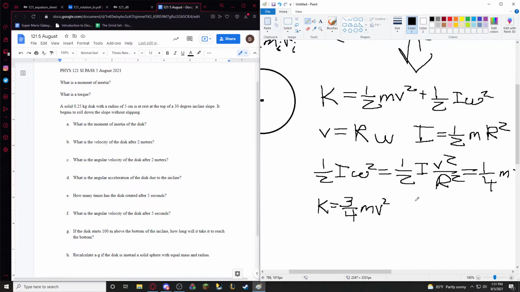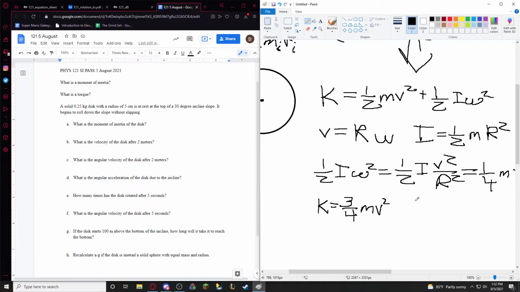So how can we use this knowledge to find the velocity of the disk after it's rolled 2 meters down the slope? Well, we know that it starts off at rest, so we could find its acceleration.